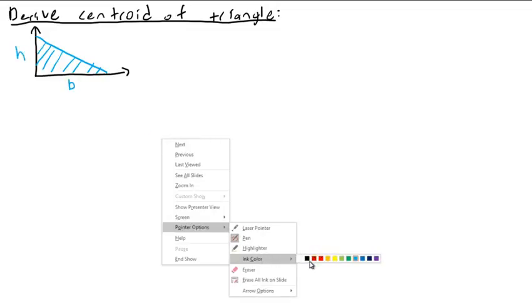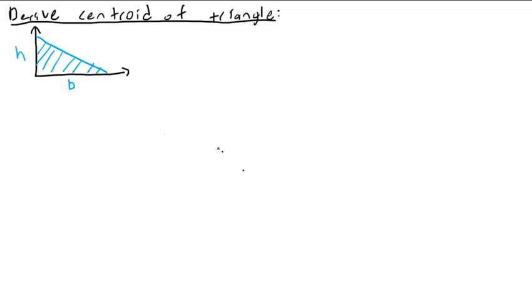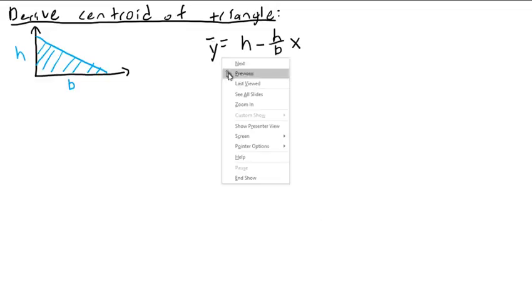Well, the first thing I'm going to need to do is derive a formula for this triangle's hypotenuse. And this formula is going to be simply y equals h minus h over b x. It's simply a linear equation.